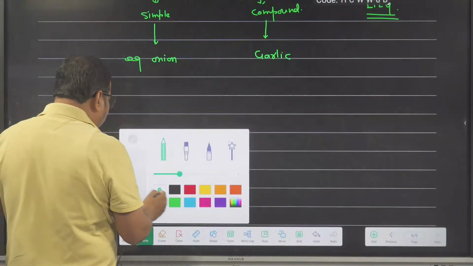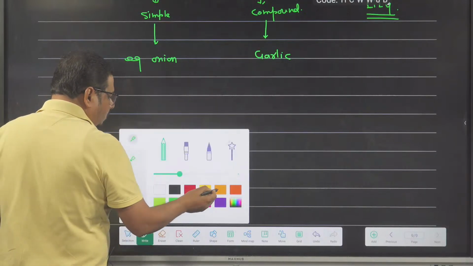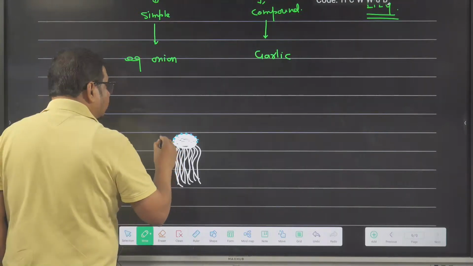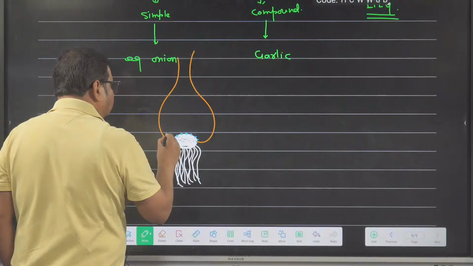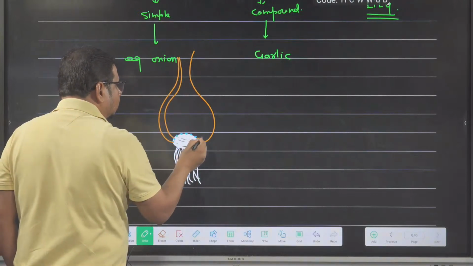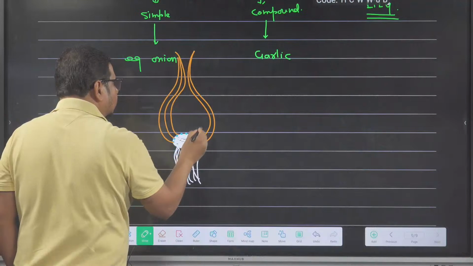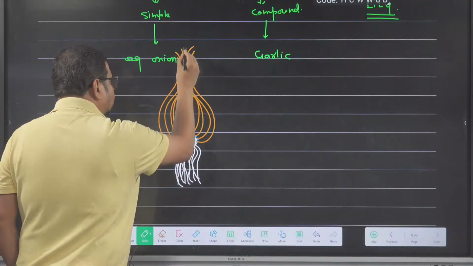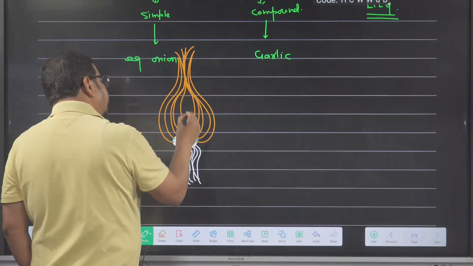Now from the nodes, who is arising? Leaves are arising, like this.